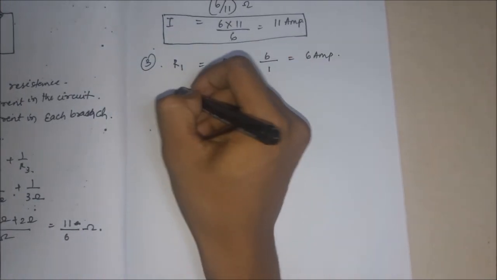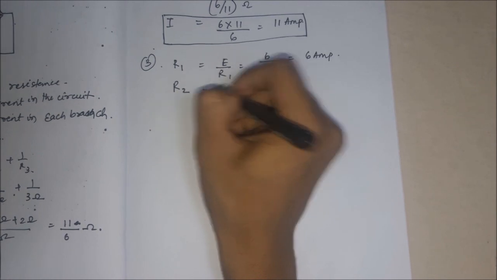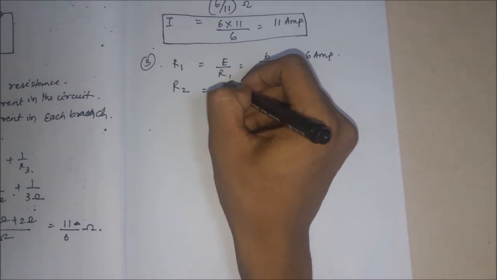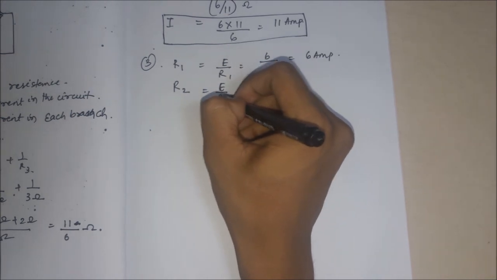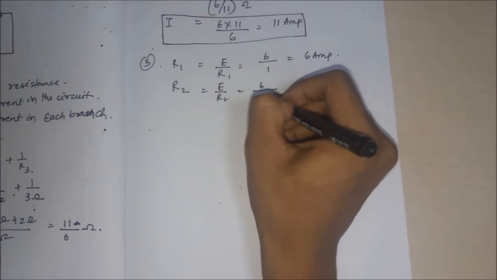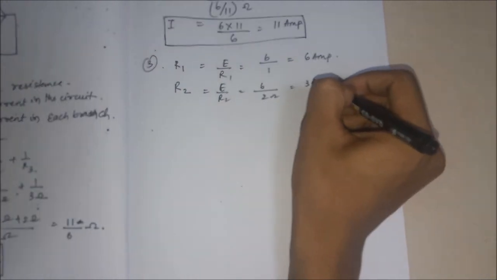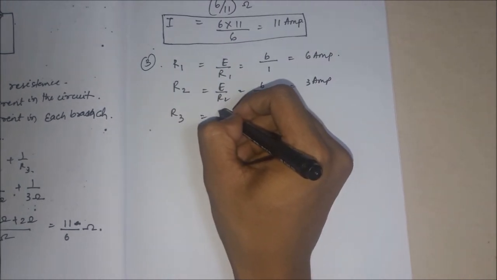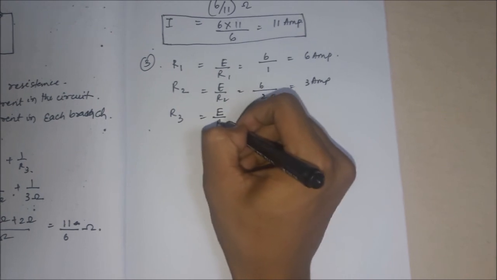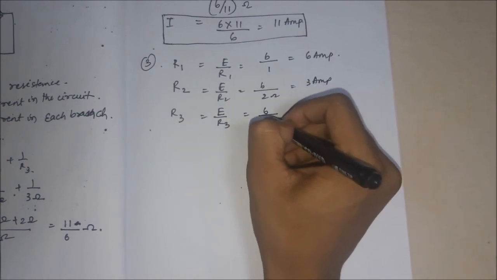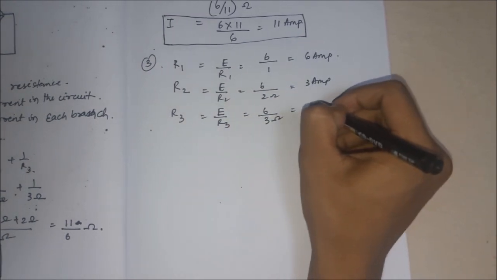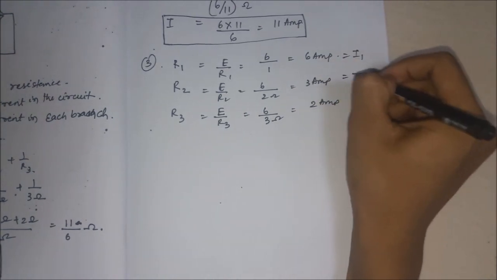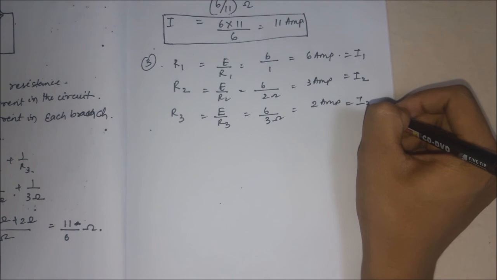In the resistor R2, the current will be E by R2, that is 6 volts by 2 ohm, that is 3 ampere. And in the resistor R3, the current will be E by R3, that is 6 by 3 ohm, that is 2 ampere. This is I1, this is I2, and this is I3.